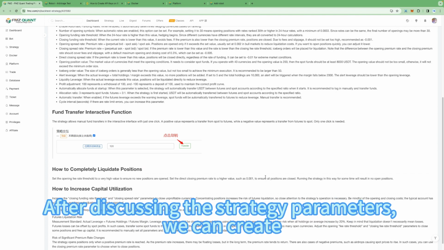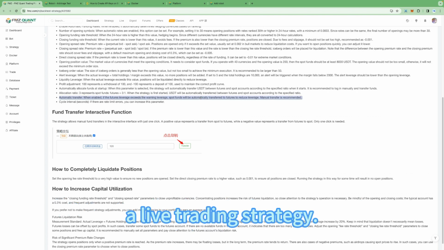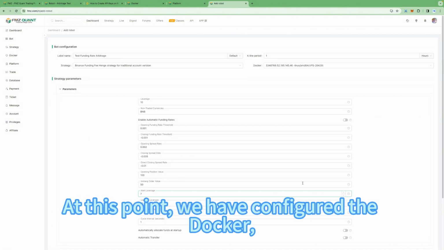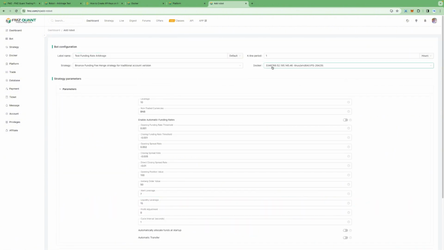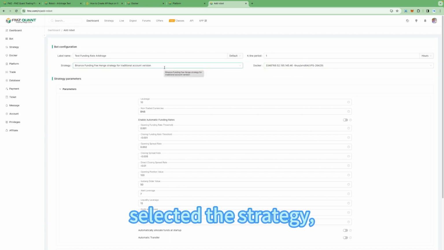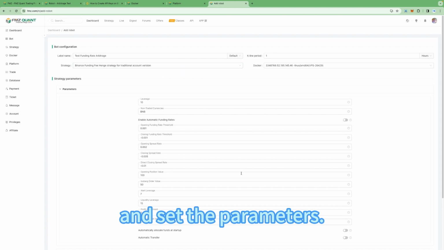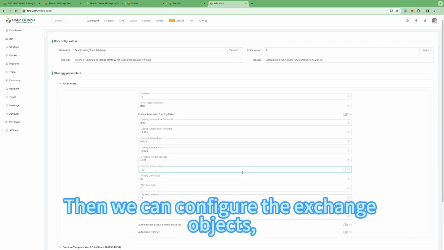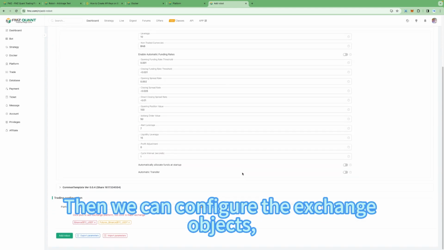After discussing the strategy parameters, we can create a live trading strategy. At this point, we have configured the Docker. Select the strategy and set the parameters. Then we can configure the exchange objects.